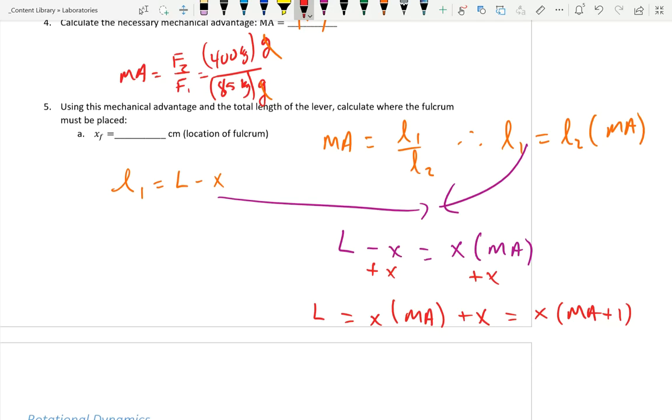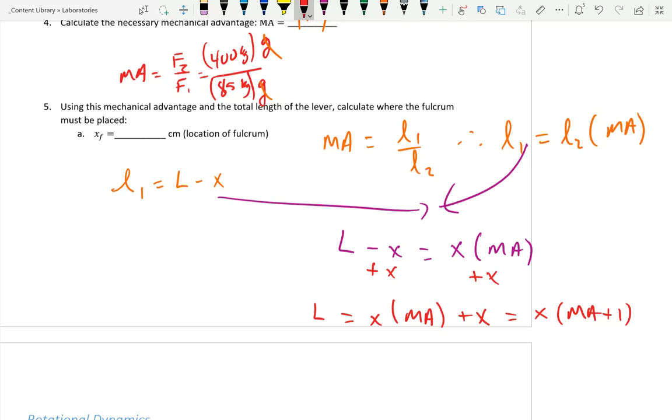I have x times ma, or as we like to say, max, plus x. There's an x in both of them, right? So that means I can put the x outside and put ma plus 1 all times x.